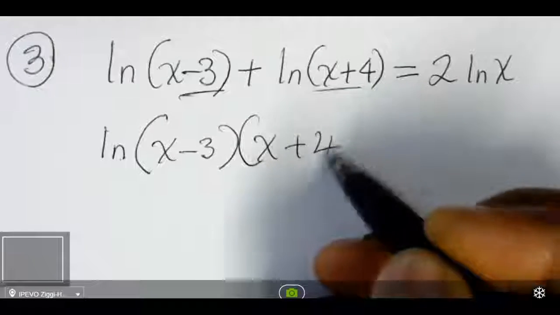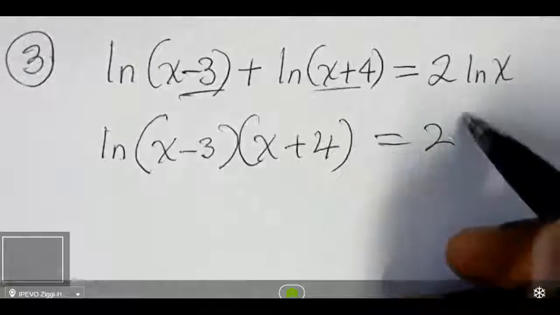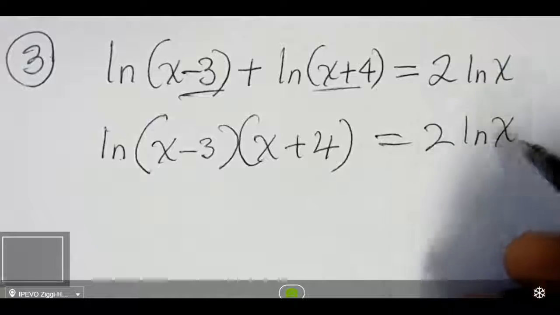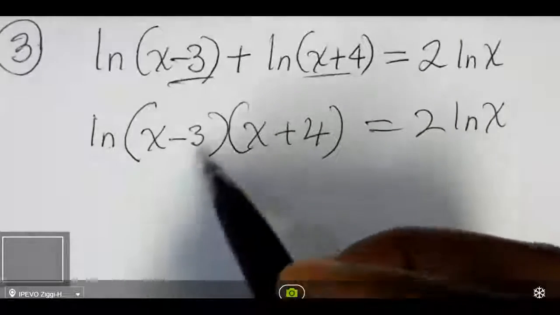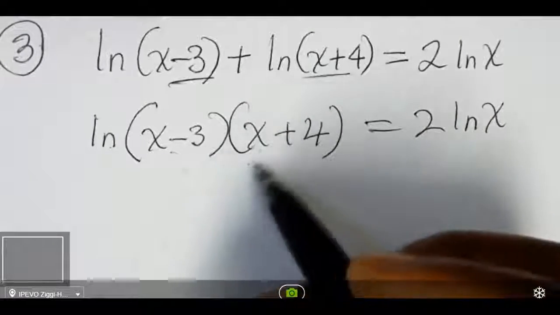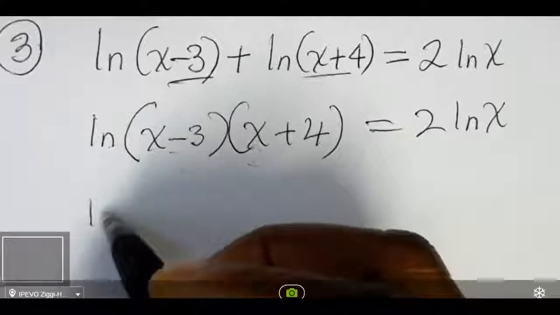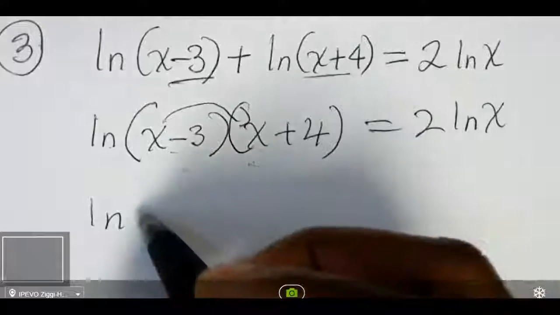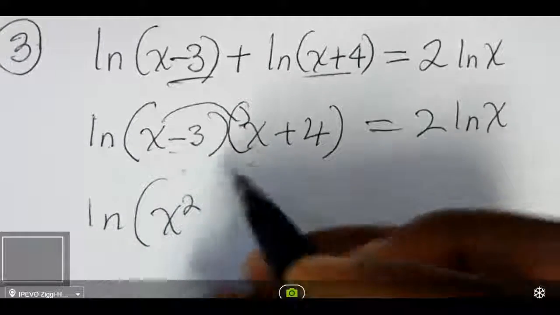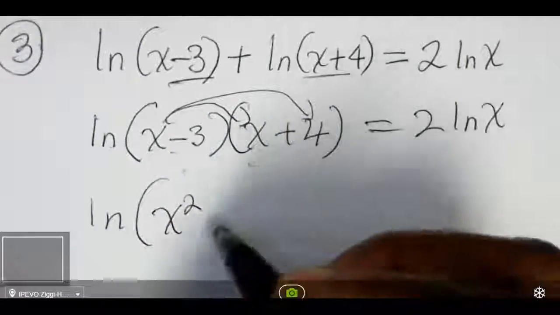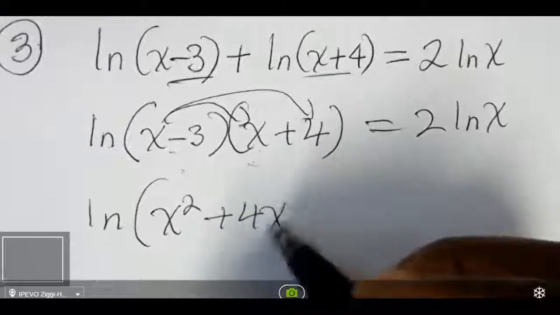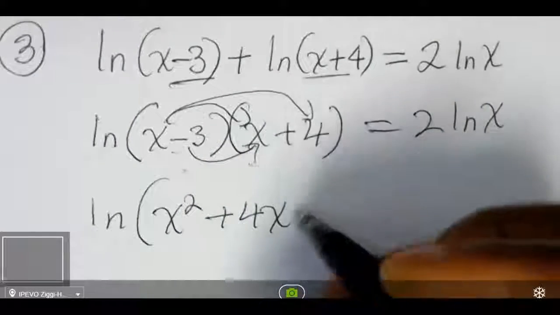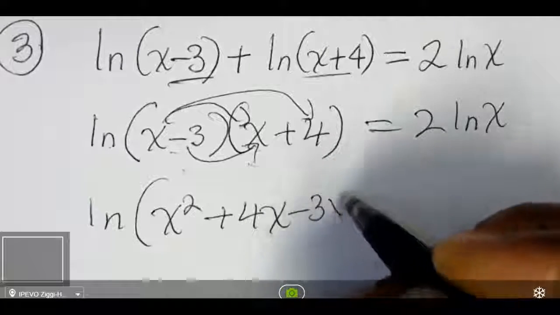x plus 4 equals 2 natural log of x. So we have a polynomial here, so we need to distribute and then collect like terms. x times x is x squared. x times 4 is 4x. Negative 3 times x is negative 3x.